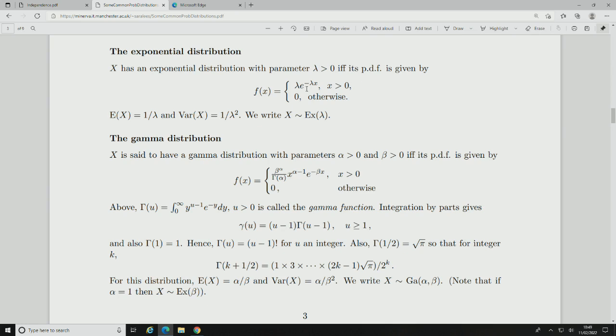And there are n of them, so you get lambda to the power n, e to the minus lambda x1 up to lambda times xn, right? So this becomes this. Okay, guys, so this is example number 4.